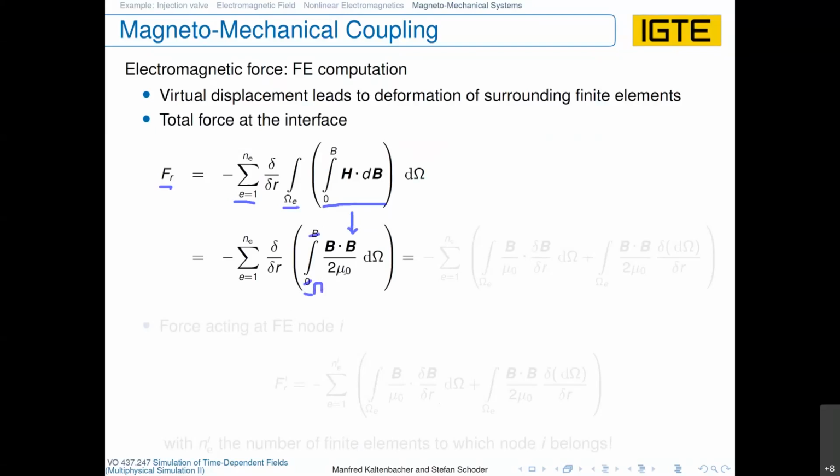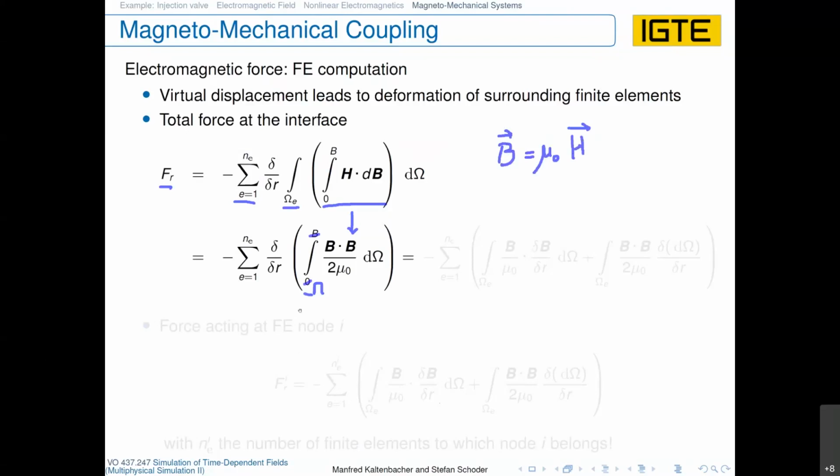Since we integrate over elements within the air region, we have the simple relation between B and H over the permeability of air, which is mu0. So B, I should write here in this case, is simply mu0 H, which we use here as a simple constitutive relation.